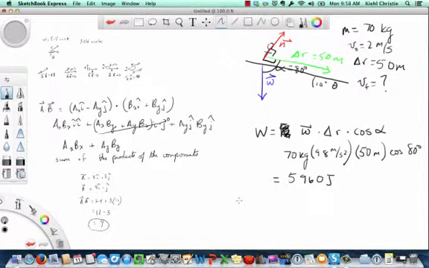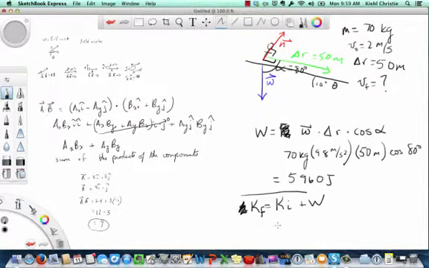Now, to this we combine stuff we've been working on before in class, which is talking about kinetic energy. That's going to be your K initial plus your work. Excuse me, that's your K final, not your change in kinetic energy.